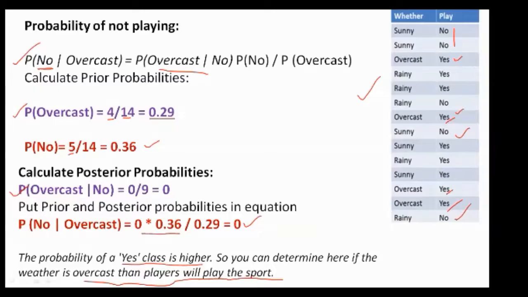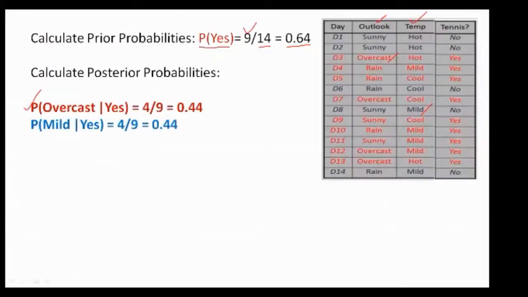So you'll get this value of probability. To calculate the posterior probability, we have to first calculate this probability of P(overcast | yes) and P(mild | yes). In overcast, we know that yes conditions are 4 and there are 9 total yes conditions. So the probability is 0.44. For mild, the 4 conditions are yes out of 9 yes conditions. So the probability is again 0.44.